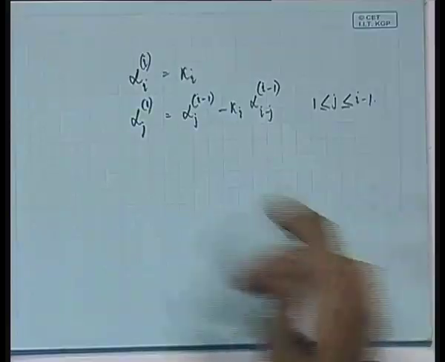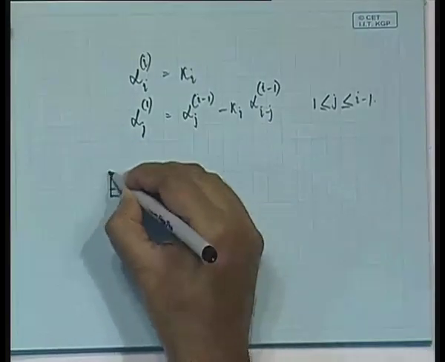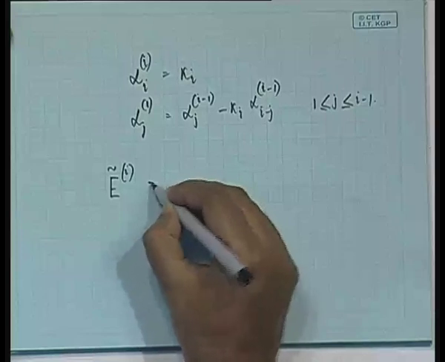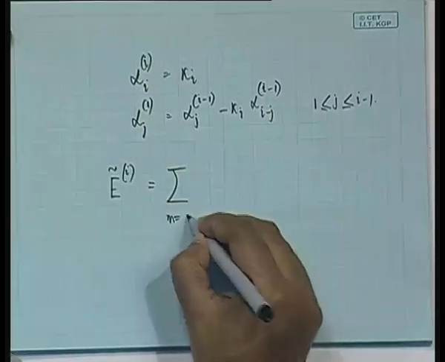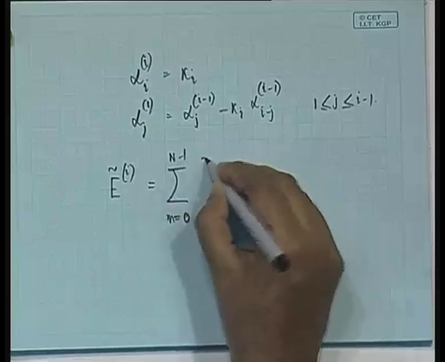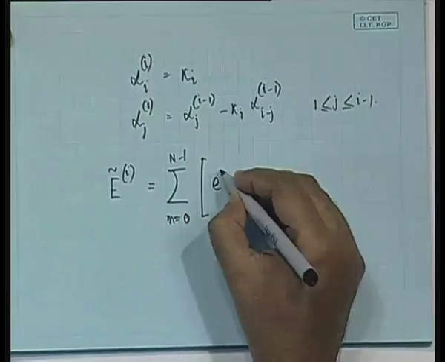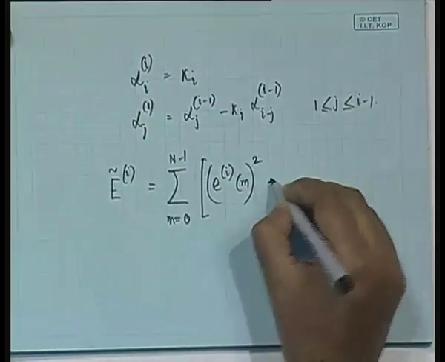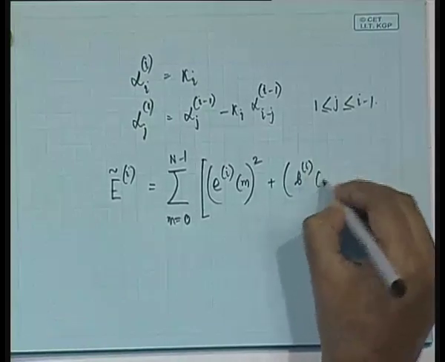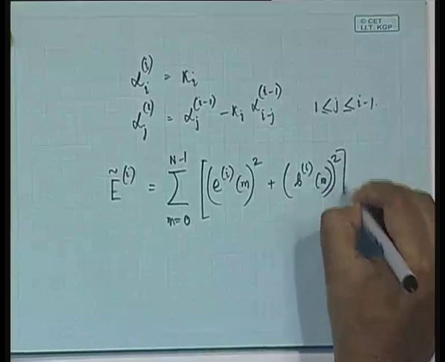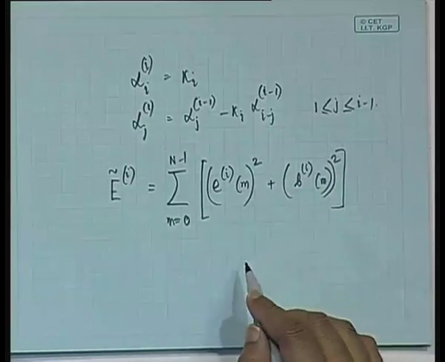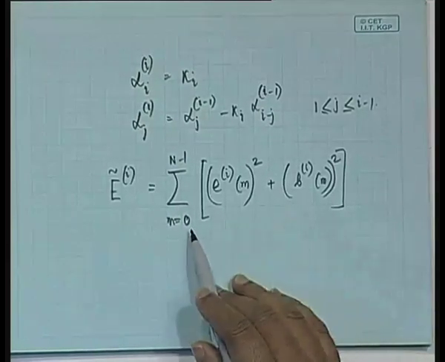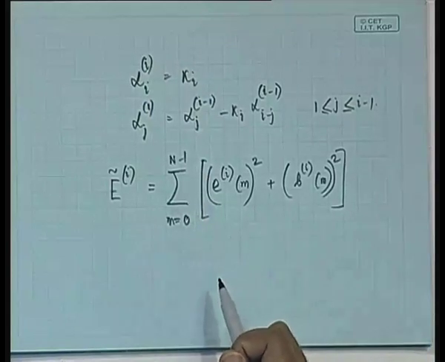So given that, one can write E tilde for the ith iteration, equal to the summation from m equal to 0 to n minus 1 of E_i[m] squared plus B_i[m] squared. So the sum of the forward prediction error squared and the backward prediction error squared.